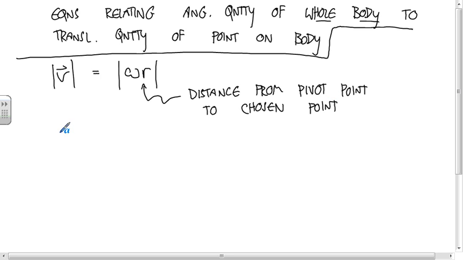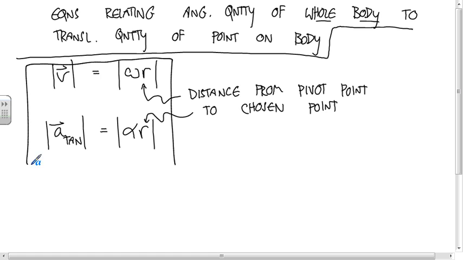And then the acceleration one says the magnitude of not the entire acceleration, but the tangential acceleration is equal to the angular acceleration times r, all absolute value. And that r means the same thing. Okay, so these are going to be important.